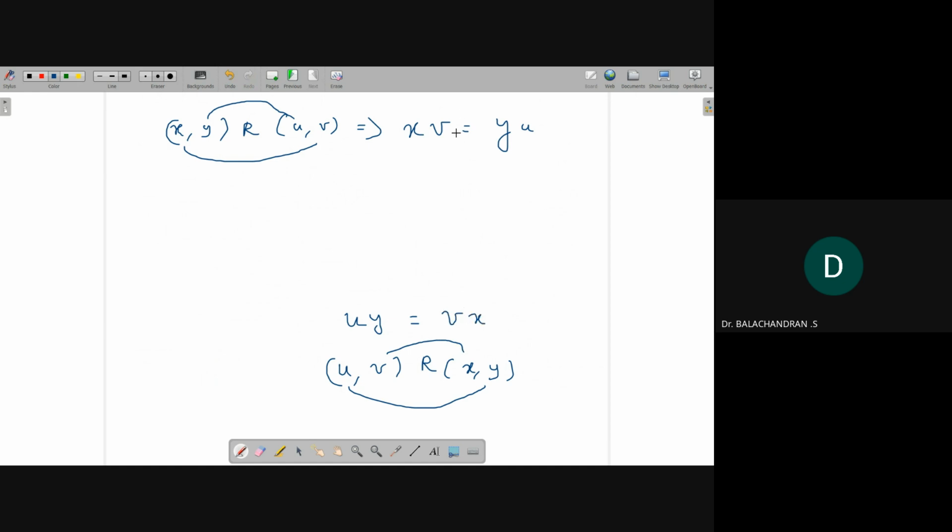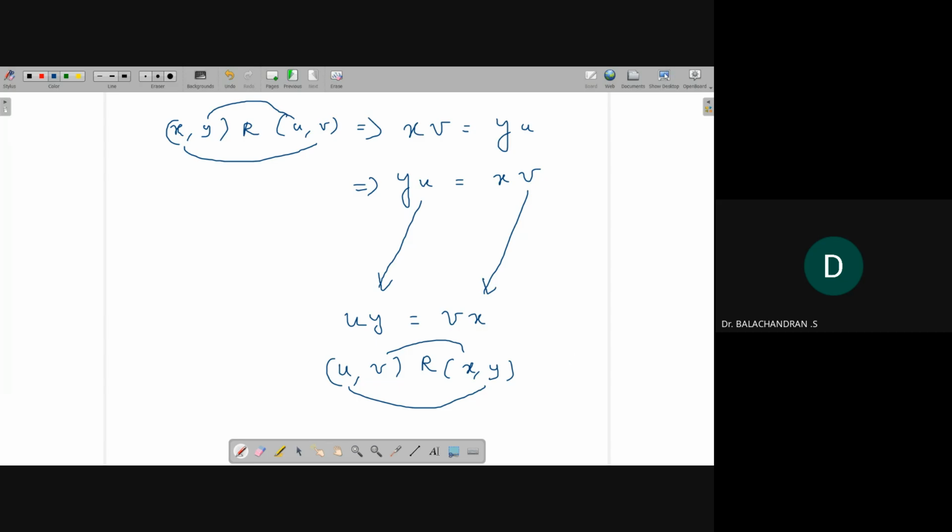So from this, I need to derive this one. So look at here. I can write the next step: y into u is equal to x into v. Next step from here to here, you can write uy. Similarly, you can write xv as vx, and then that's all over. And hence the relation is what?